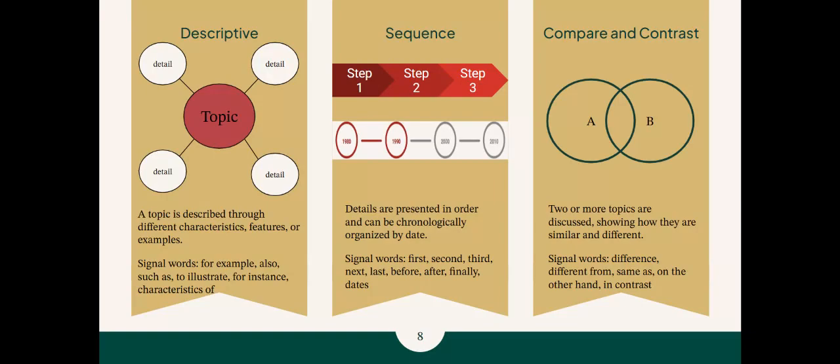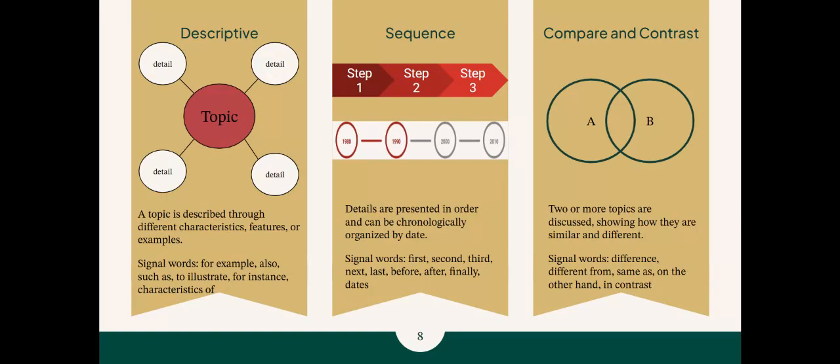Signal words include for example, also, such as, to illustrate, for instance, or characteristics of. The second structure is sequence. This is when details are presented in order and can be chronologically organized by date.